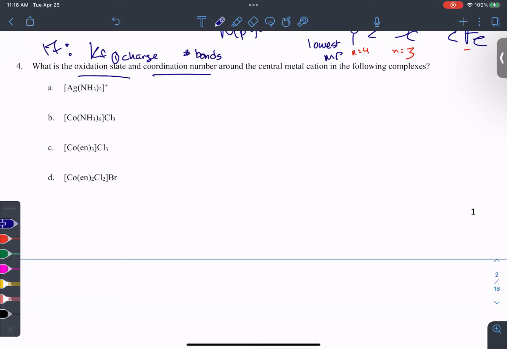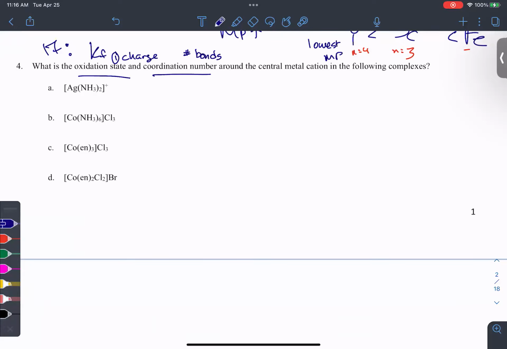It becomes way more apparent when you see the structure, how many bonds are directly bonded to that transition metal. So let's do the easy ones first, getting the oxidation state, or the charge of those metals. I would just memorize some of the common ligand charges, and that will help you figure out what the metal has to be in order to be charge balanced.